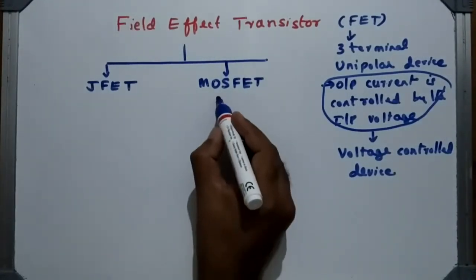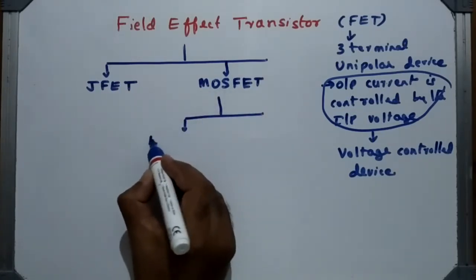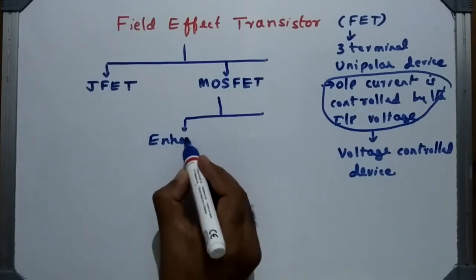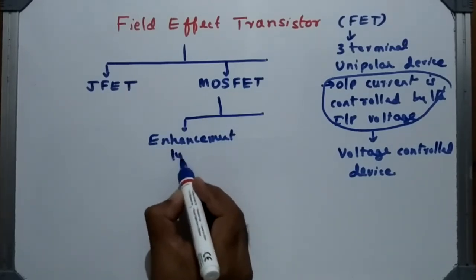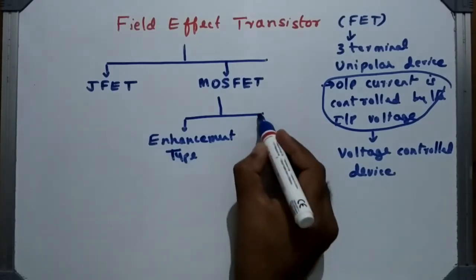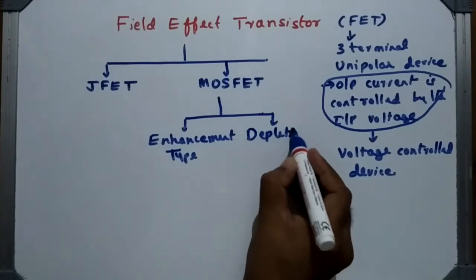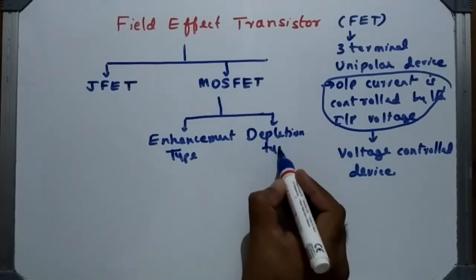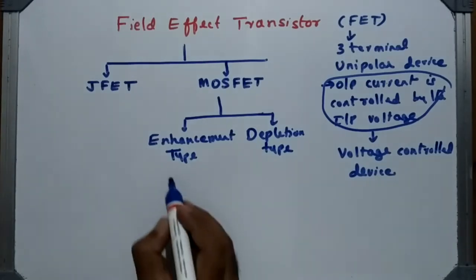In MOSFET there are again two types. One is called enhancement type and the second one is called depletion type.